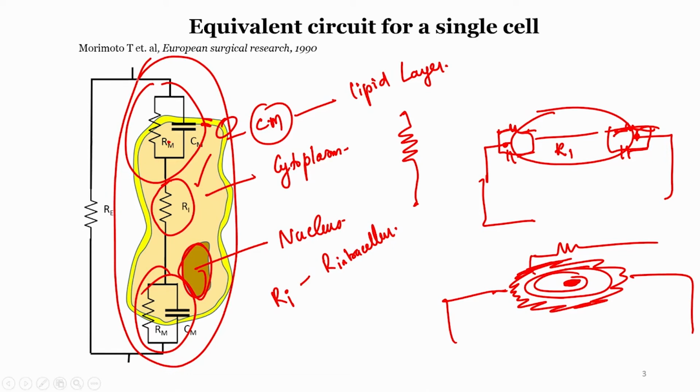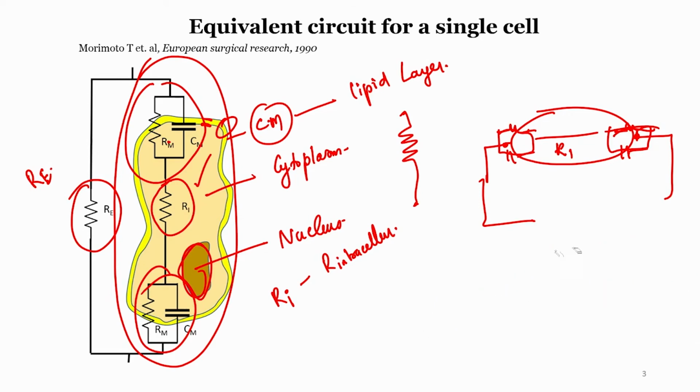So, effective model of the cell and the RE, what is RE? RE is the resistance of the extracellular matrix. So, RE will come in parallel, because you can see, right, RE is coming in parallel with the effective model of the cell. That will define how a cell and its matrix responds to the electric current. Okay. So, this is the basic equivalent circuit of the cell.